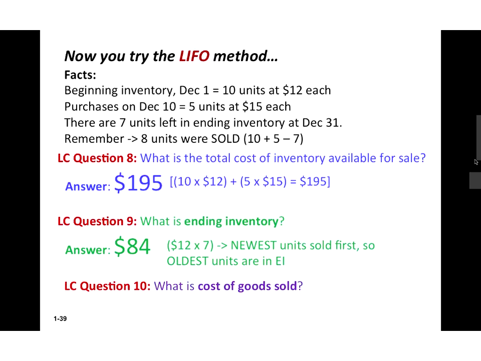Now that $195 has to end up as ending inventory or cost of goods sold. We already know that $84 is ending inventory. The remainder is cost of goods sold.